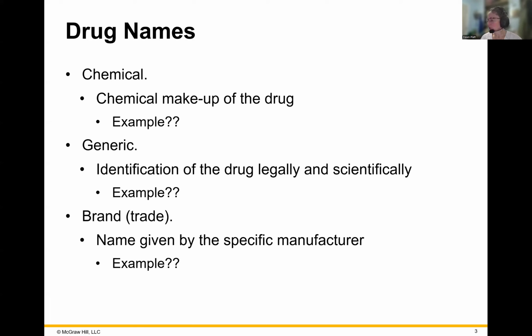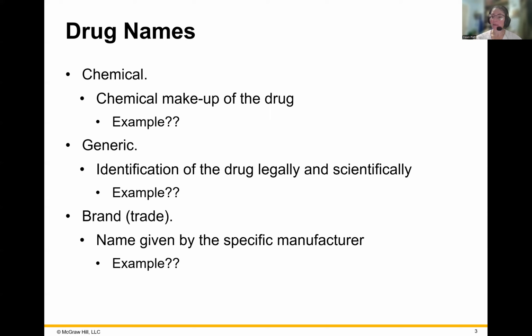When it comes to the drug name, there are three different names that a drug has. First, when companies put together chemicals to create a component that creates a drug that's going to go into your system, they have to give it a chemical name. If you look in your book, there's a super long example of this chemical name that makes no sense to me.